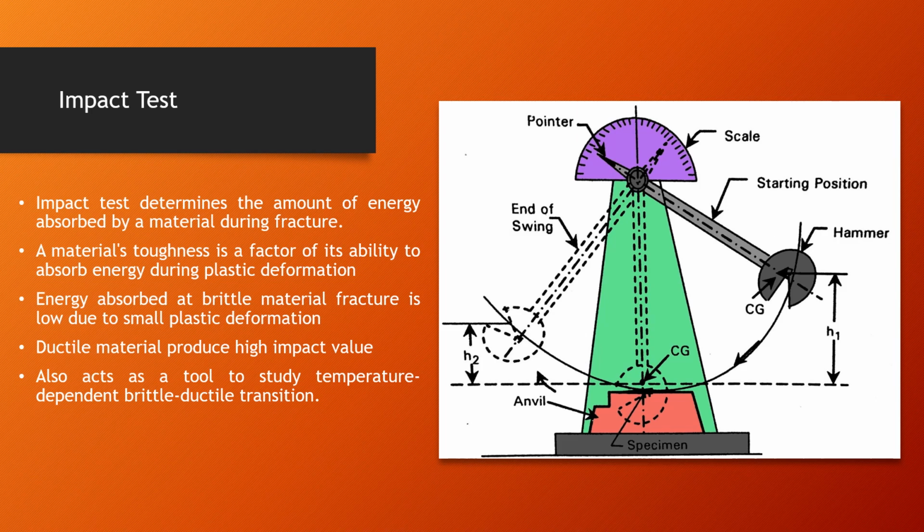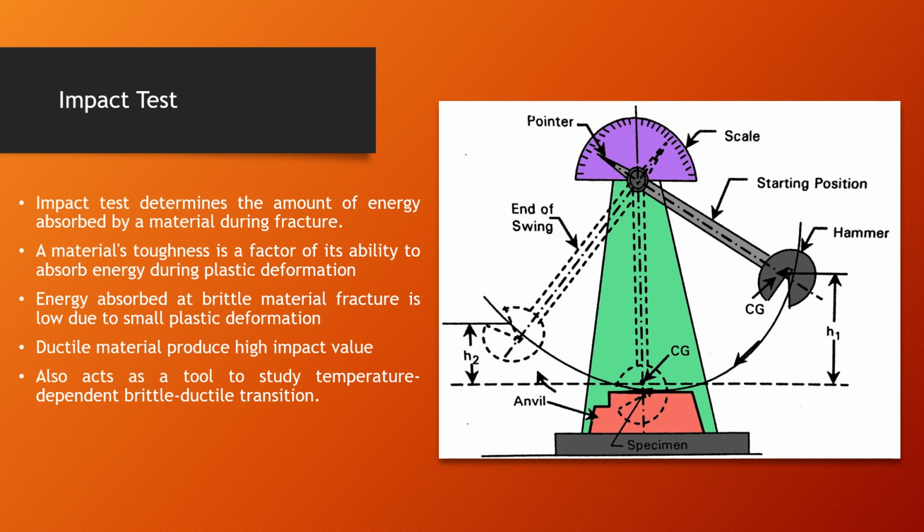So, impact test is a very good tool to tell whether a material is brittle or ductile, because a ductile material can withstand a lot of plastic deformation and can absorb a lot of energy, whereas a brittle material cannot withstand as much plastic deformation, or absorb as much energy as a ductile material.